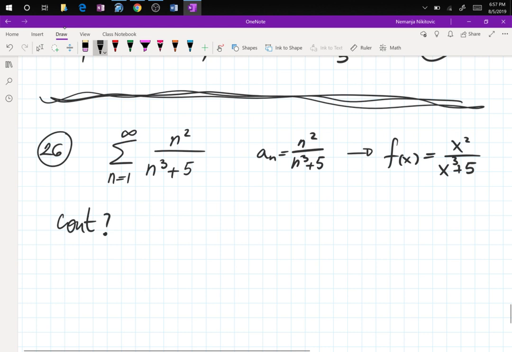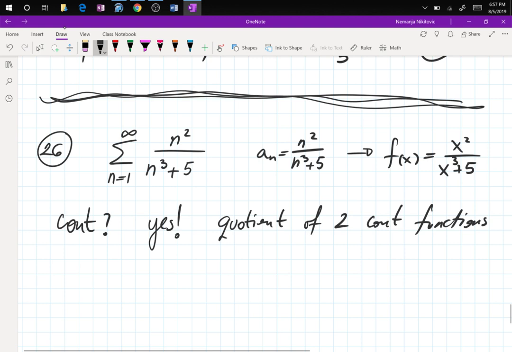Well, yes. We have a division, or quotient, of two continuous functions. Guys, both of these are polynomials. They are continuous everywhere. There is a theorem in Calc 1 that says all polynomials are continuous on the entire domain.